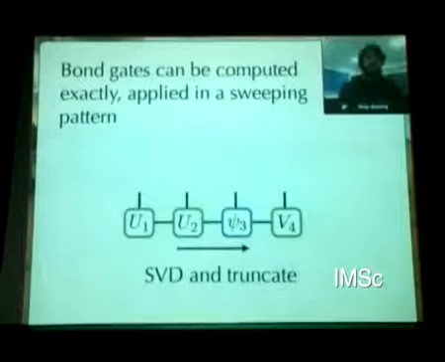You can use it in any kind of system where you can make an MPO, for instance, for the Hamiltonian. You can also make this METTS 2D. And finally, the scaling of METTS is quite similar to the scaling of ground state DMRG, and in fact, it can be much better in certain cases. I'm not sure what the scaling of Zhang's algorithm is, but it would be interesting to compare those.